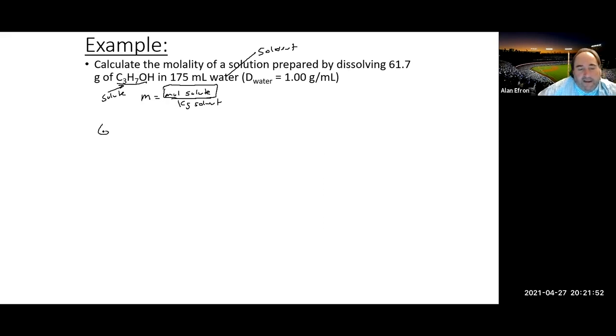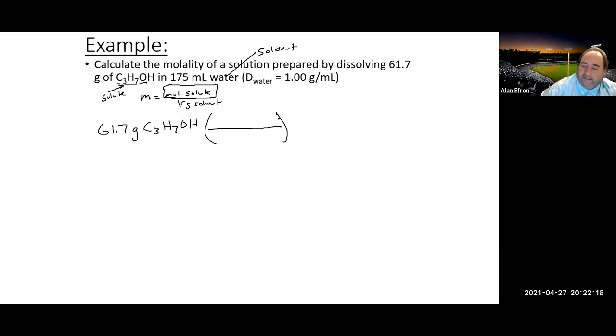So we would take 61.7 grams of C3H7OH. We would go to the periodic table and calculate the molar mass. That is 3 carbons at 12.01 plus 8 hydrogens at 1.008 and 1 oxygen at 16.